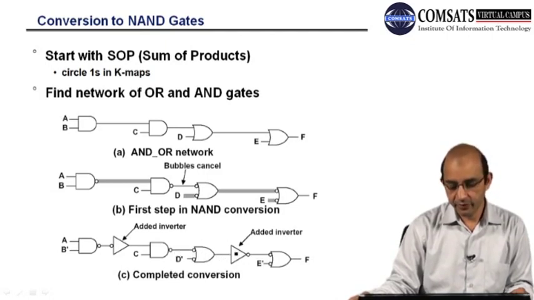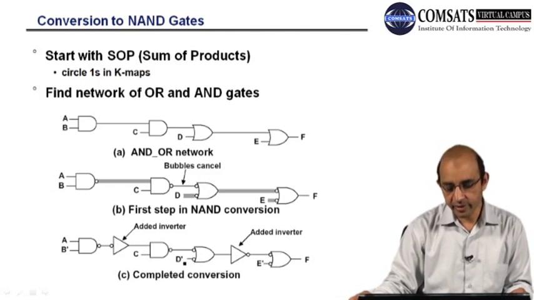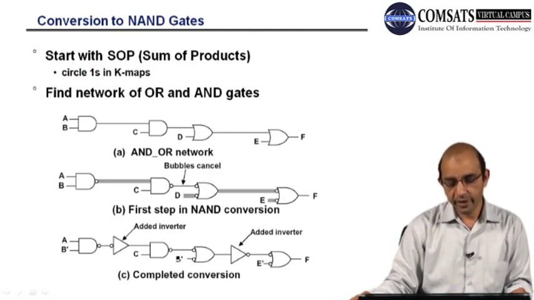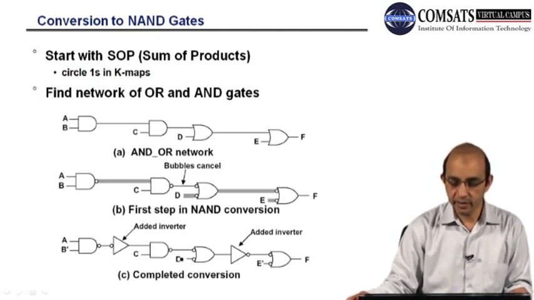Here we have to add another inverter in order to cancel the effect of this placed bubble. You can see that we already have a bubble here, but we can handle it externally. You can see that we have placed a bar here, so we can handle it externally. Over here it's the same. So now we have the complete conversion.